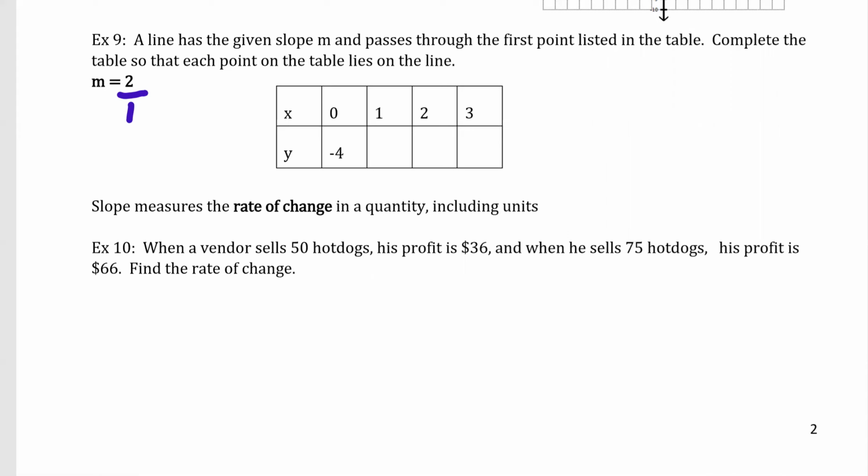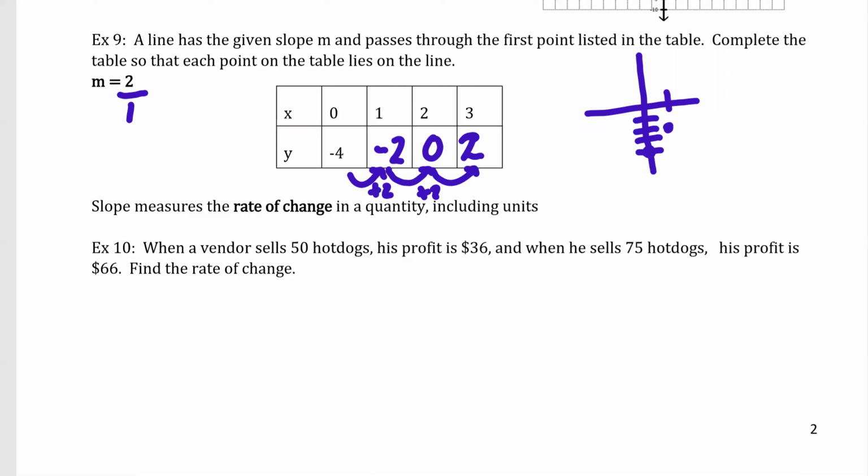If it starts at (0, -4), and you want to plot yourself a graph, and then you go up 2 over 1, you will see that you're at (1, -2). And if you do that again, you'd be at (2, 0). And if you do that again, you would be at (3, 2). So I mentioned in another video that you might take note of what happens here is that you're adding 2 each time.